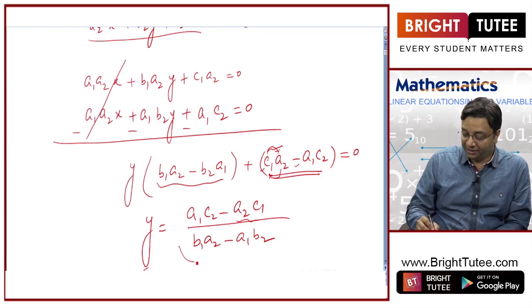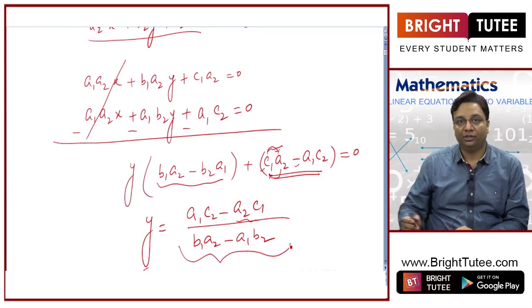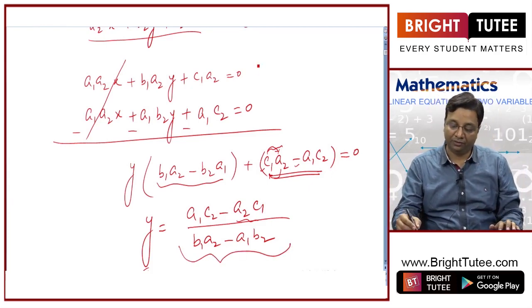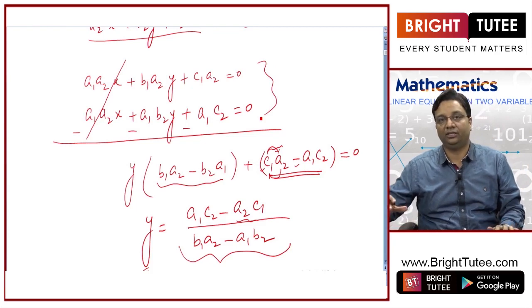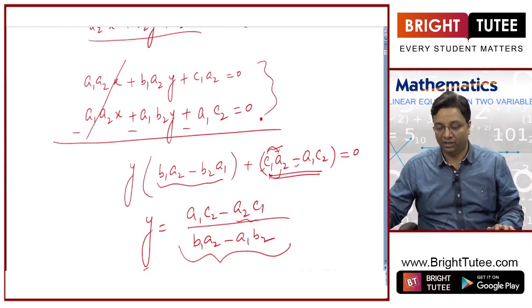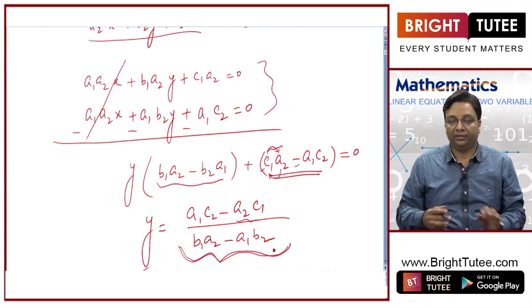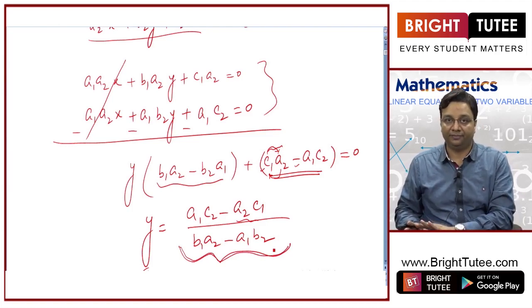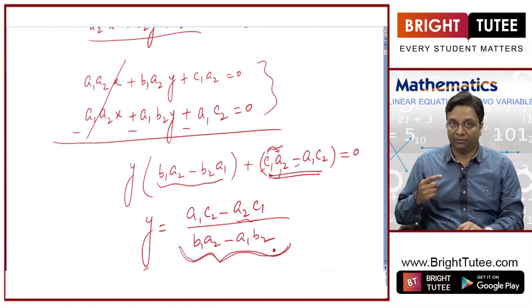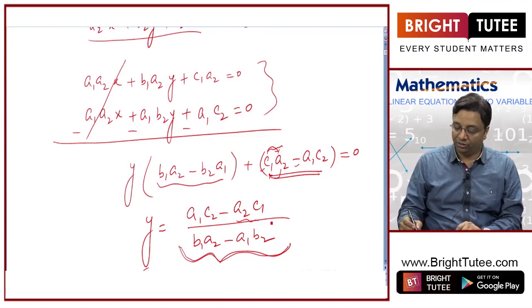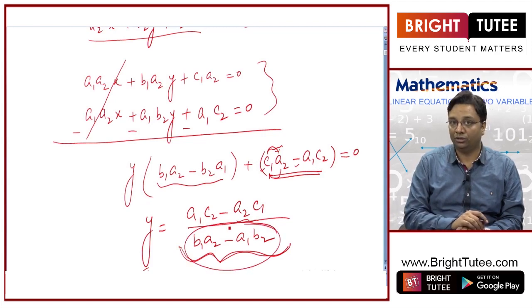If I can get this same value of y using a shortcut method where I do not have to multiply these equations, equate the coefficients and then cancel out, if I directly can get this value, that is my cross multiplication method. I will tell you that method, but before that you should also appreciate that this denominator should not be equal to 0.